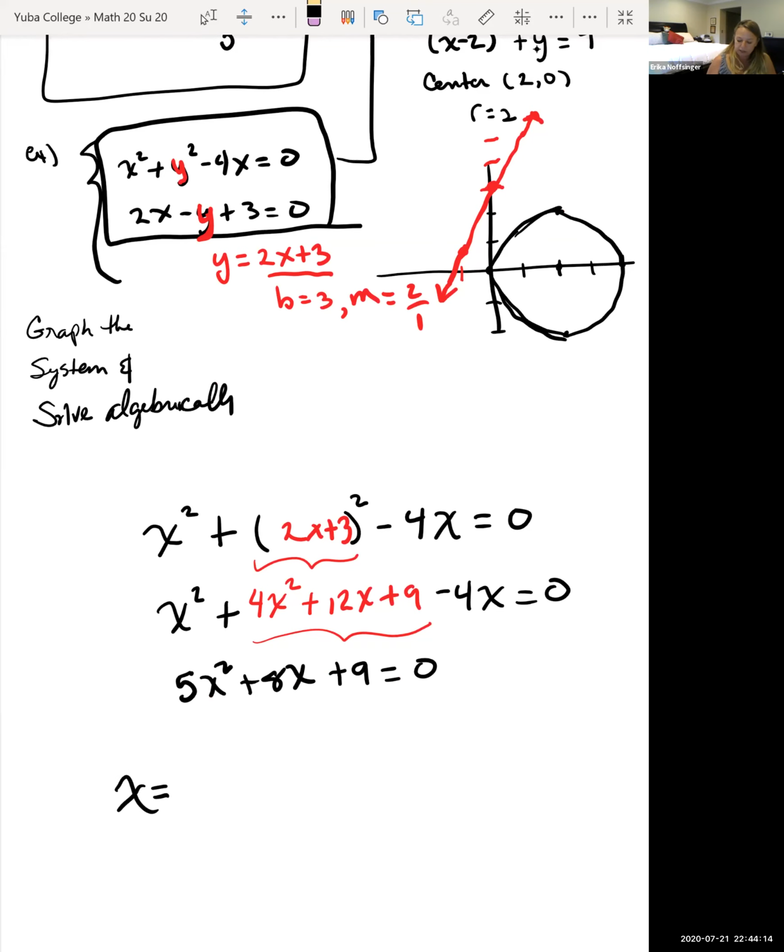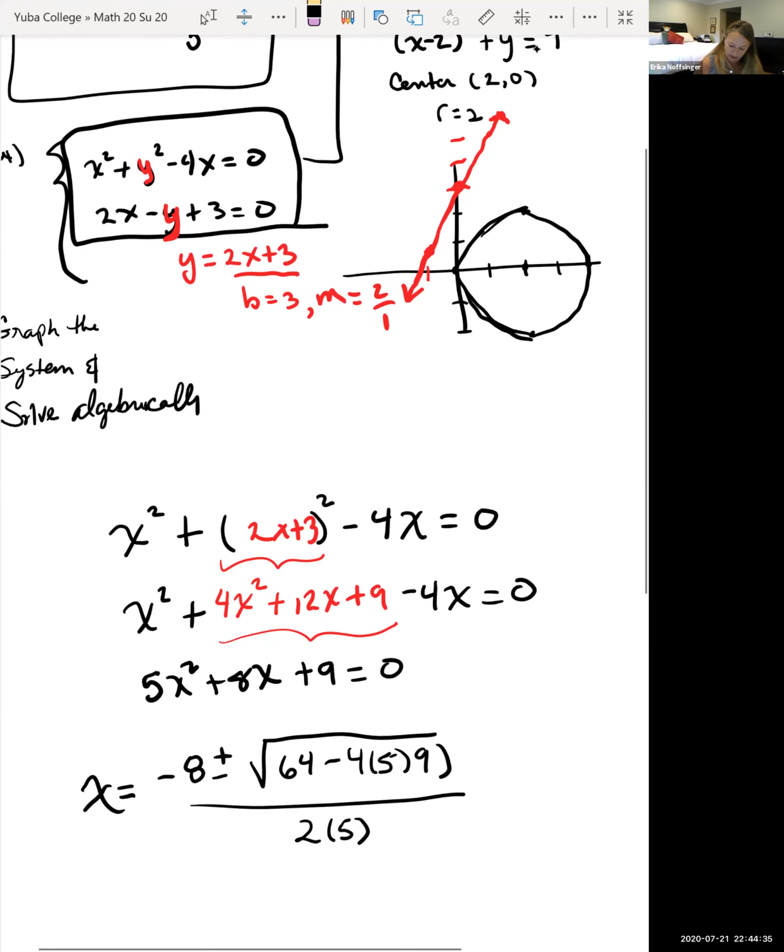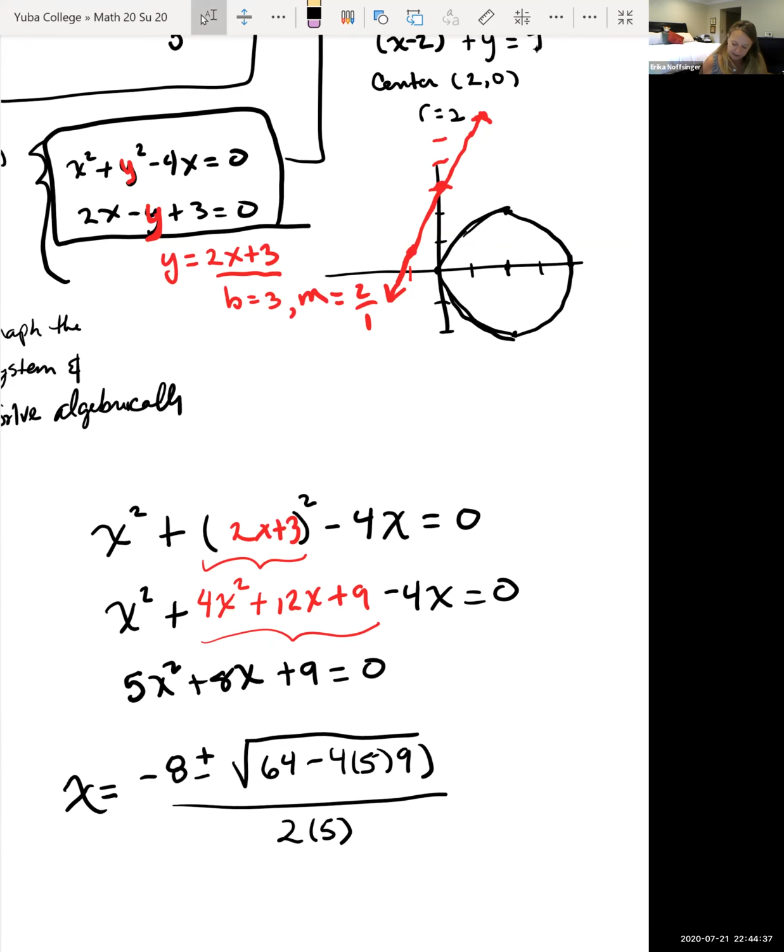So x is equal to negative b, negative 8, plus or minus the square root of b squared, 8 squared in our case is 64, minus 4 times a, which is 5, times c, which is 9, all over 2 times a, so 2 times 5. So 64 minus 4 times 5 is 20. 20 times 9, that's 180.